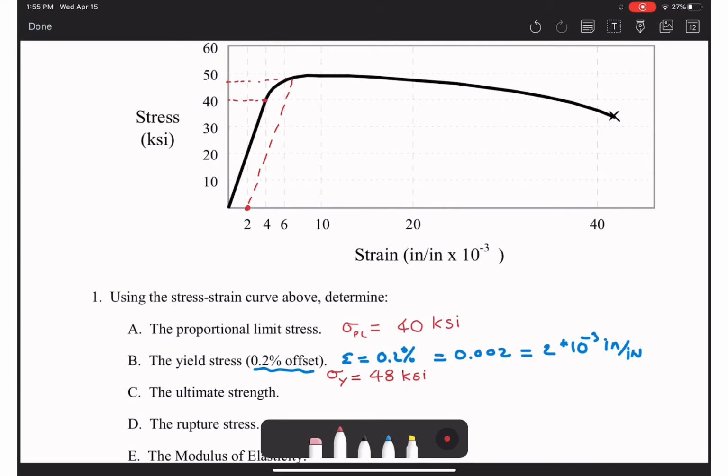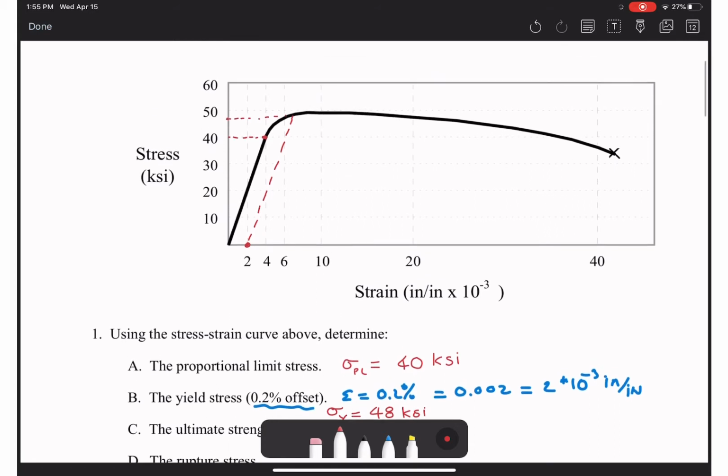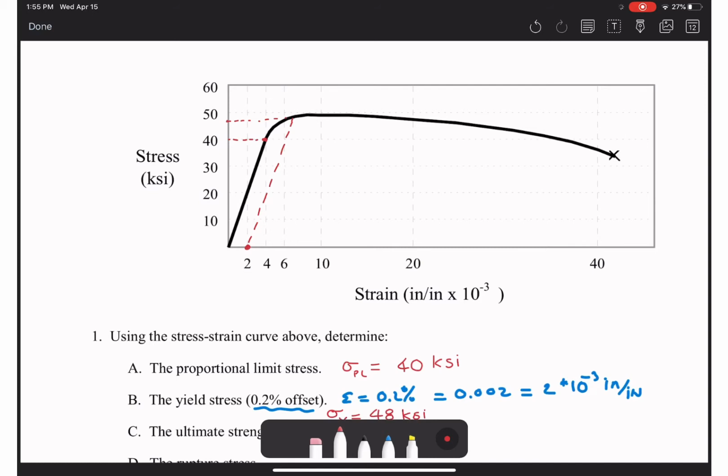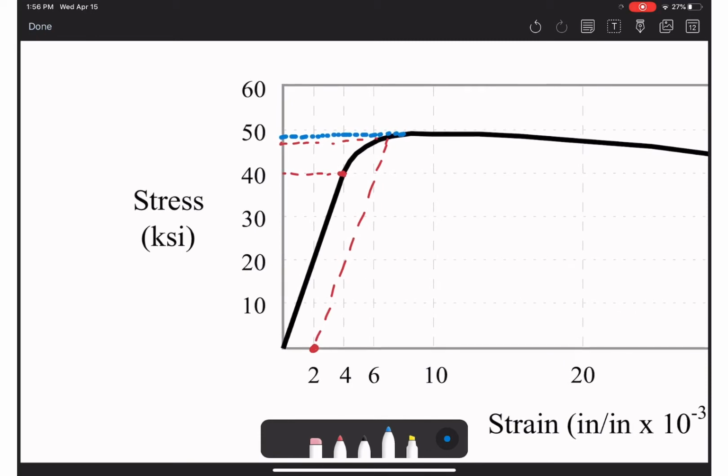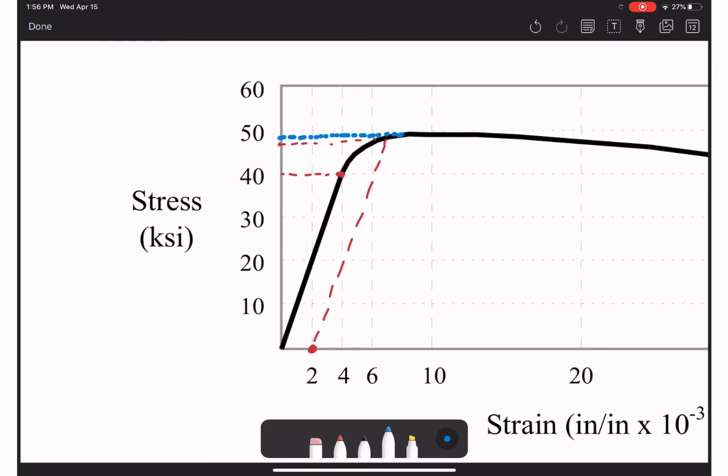The next question is, what is the ultimate strength? Ultimate strength is the maximum stress that the material can take. Here let's use the blue one, that is the maximum there, the maximum it can take. Somewhere there, it's almost 50 and a little bit above the yield stress.